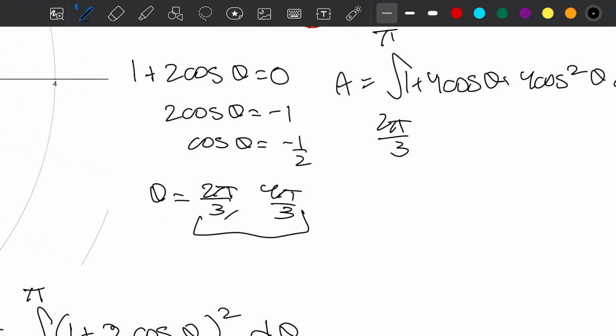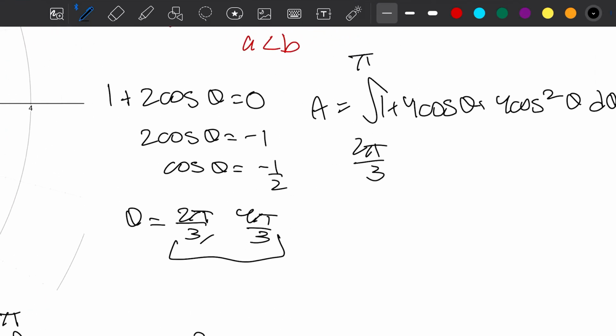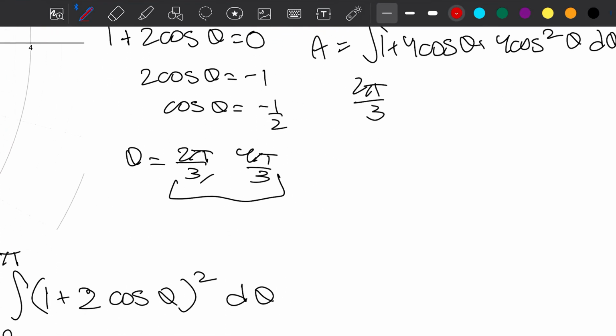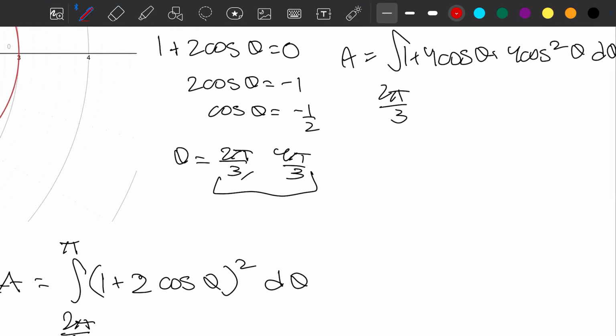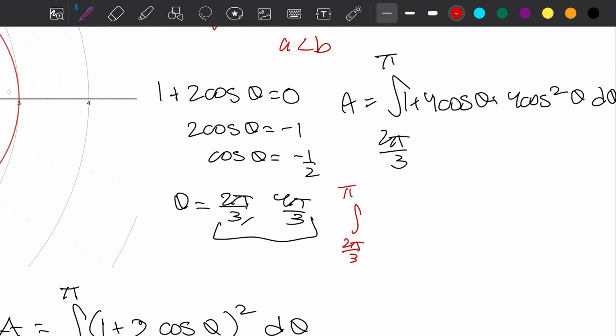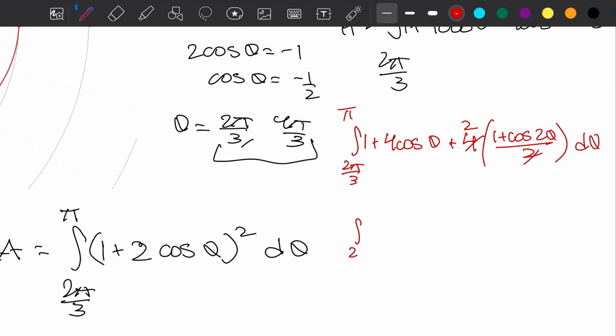Okay, now what we're going to need to do is simplify this out. So we're going to go back to that formula I told you about earlier. That's going to be the integral from 2 pi over 3 to pi of 1 plus 4 cosine theta plus 4 times (1 plus cosine 2 theta) all over 2 d theta, which simplifies to the integral from 2 pi over 3 to pi of 1 plus 4 cosine theta plus 2 times (1 plus cosine 2 theta).